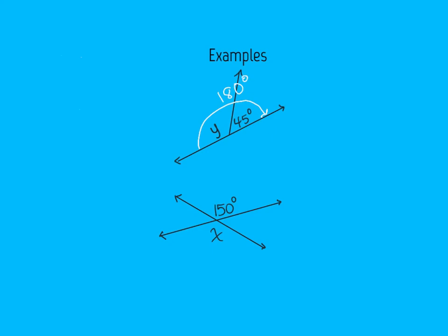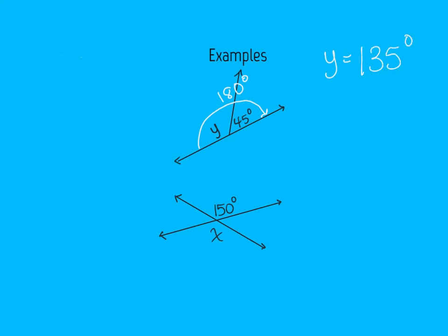So, therefore, I would need to subtract 45 from 180 to get the measure of angle Y. So, what is the measure of angle Y? It is 135 degrees.